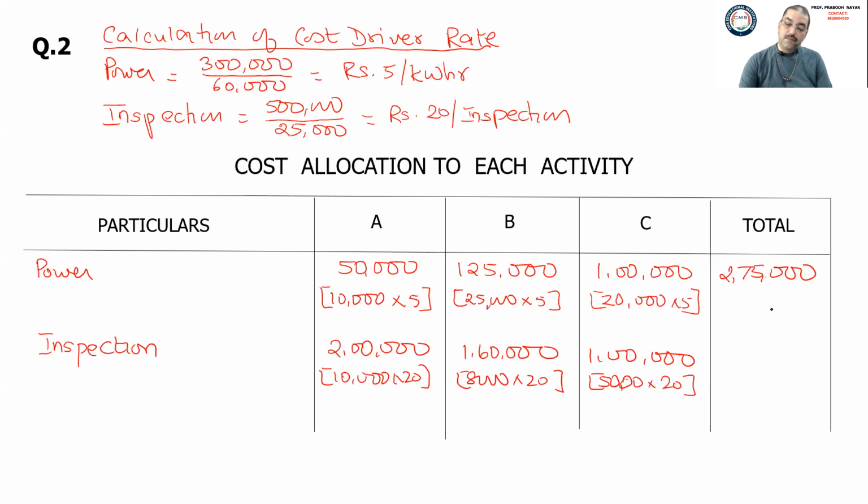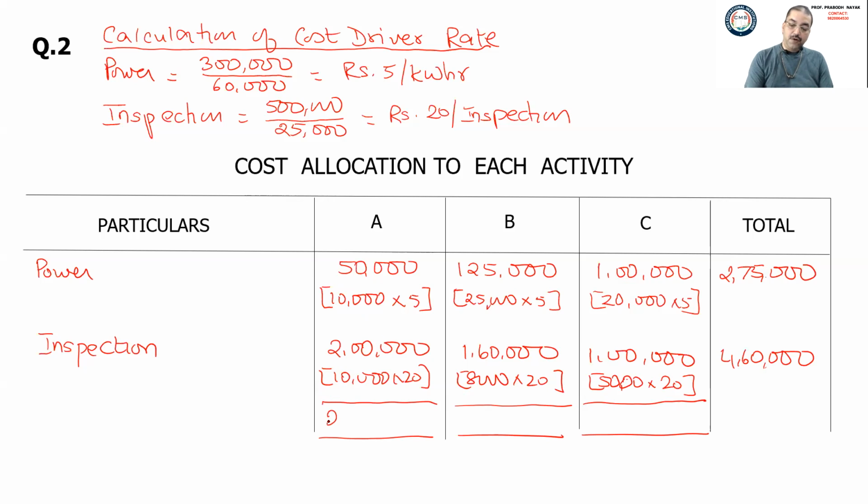Total 4,60,000. So total for A is 2,50,000, for B 2,85,000, and for C 2 lakhs.